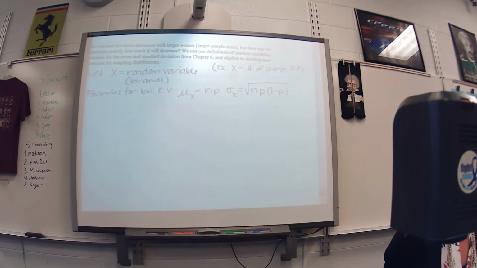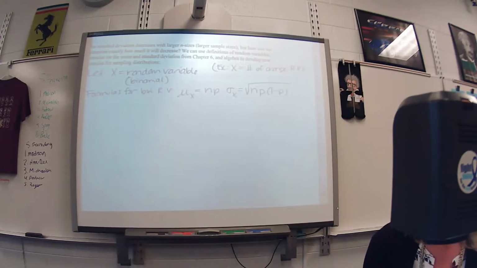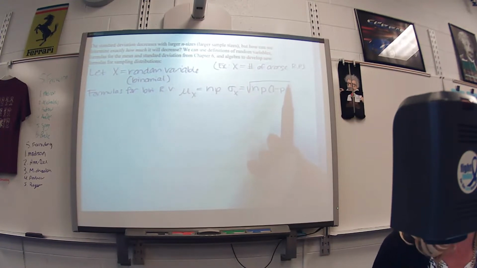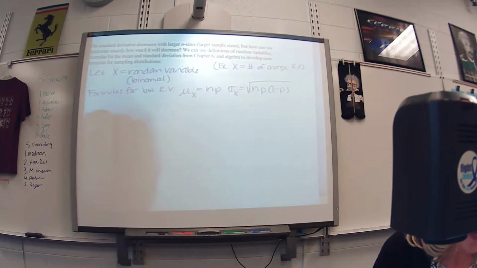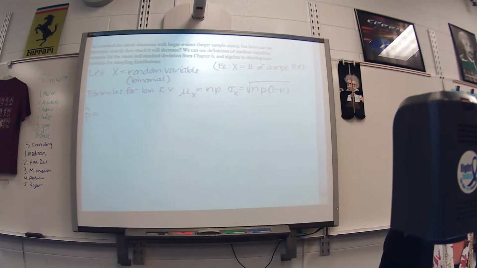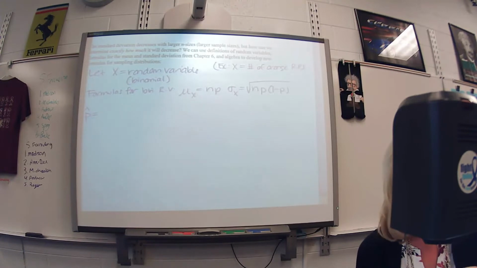But now what we're going to do is relate it to what we're learning about now. We weren't dealing with counts of orange Reese's Pieces. We were dealing with percentages. So we calculated p hat. Think back to your poker chips. You calculated your p hat by saying, how many red did I get out of my 20?